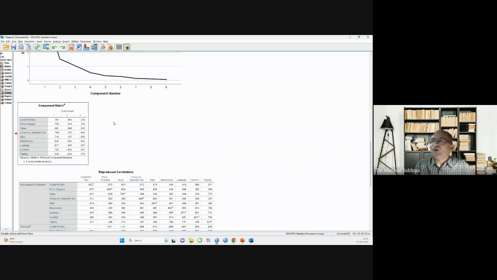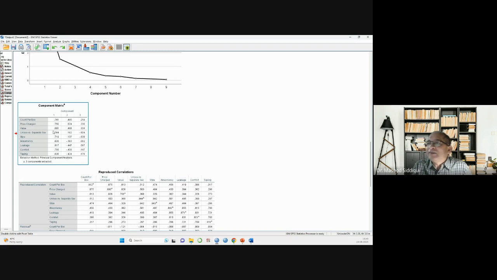Now all of us should observe this component matrix. Here we are placing count per box in principal component 1. If we come to the second variable, price chart, though it is showing the highest correlation here, 0.524 is very close to the high value.